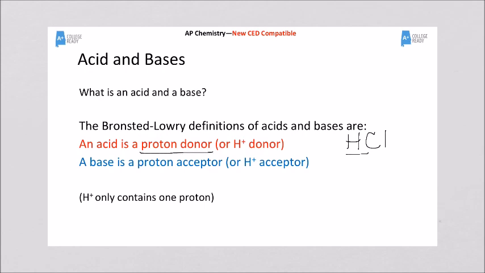And when we say a proton, really that is an H+, okay? Because H+, a hydrogen atom, only had one proton and one electron. If it became an ion, it lost that one electron. All that's left is that one proton. Now, a base is the opposite. It is a substance that can take in or accept that proton.